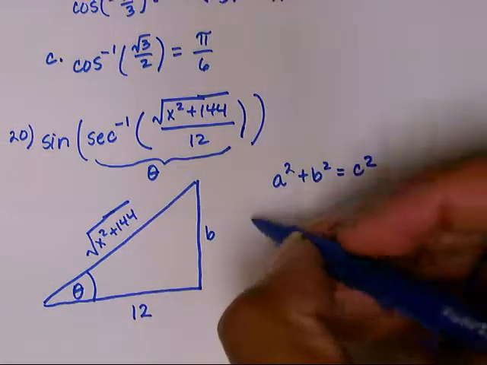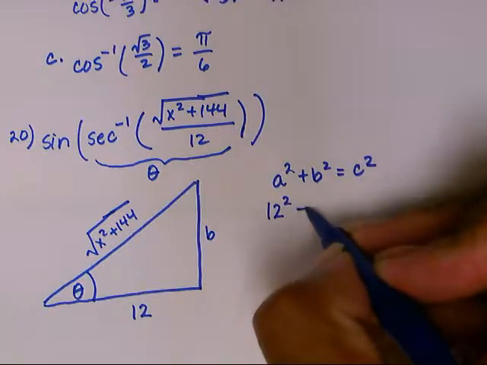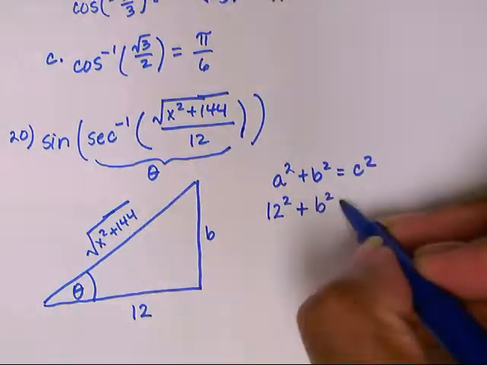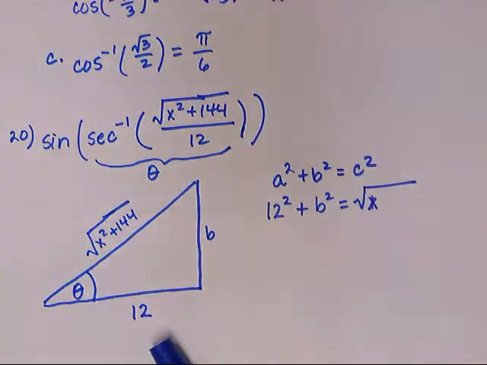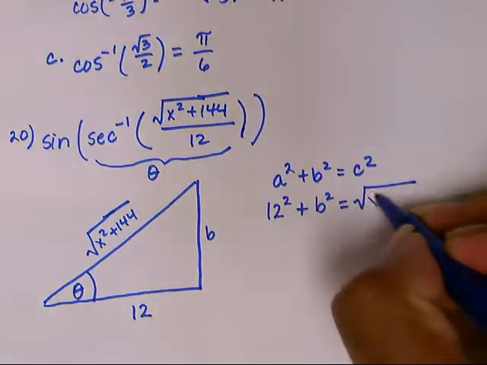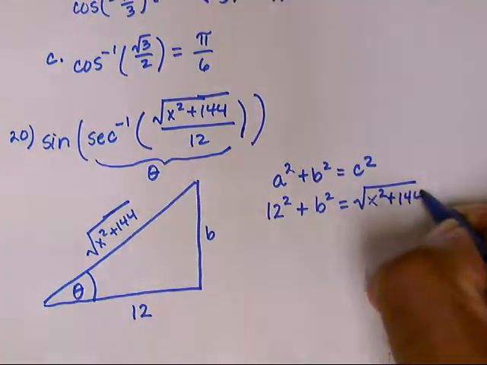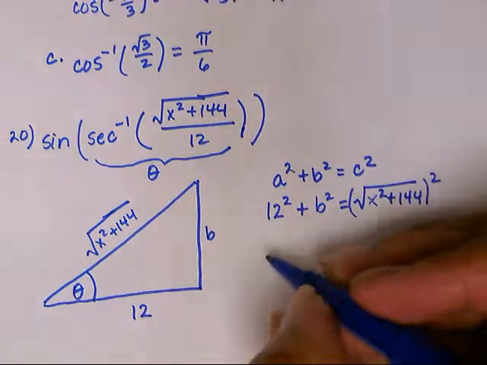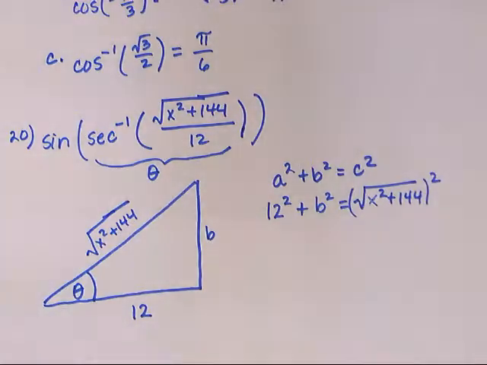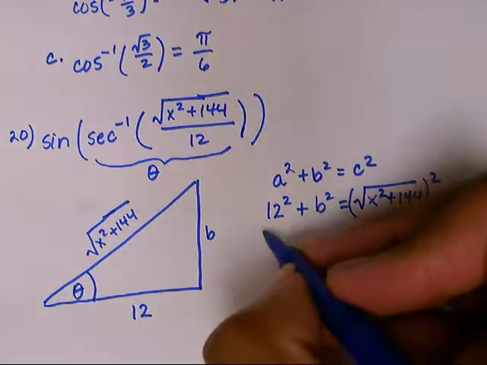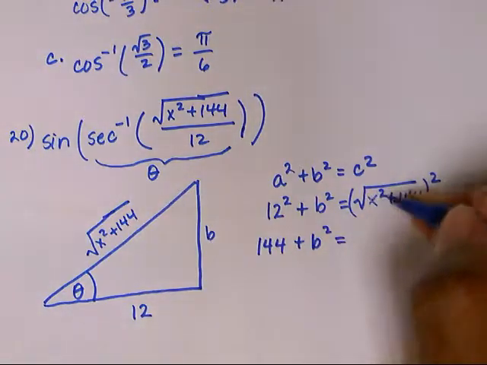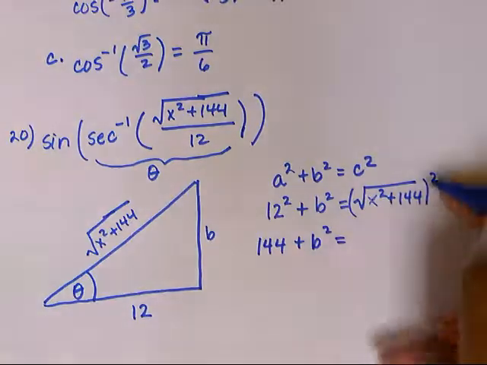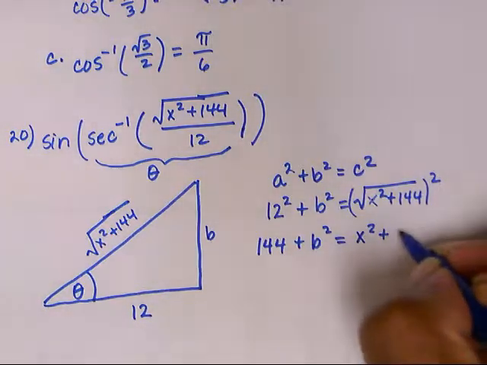So A is 12, so that's 12 squared plus B squared, equal to C, the square root of x squared plus 144, and that whole thing is squared. 12 squared is 144 plus B squared is equal to x squared plus 144.